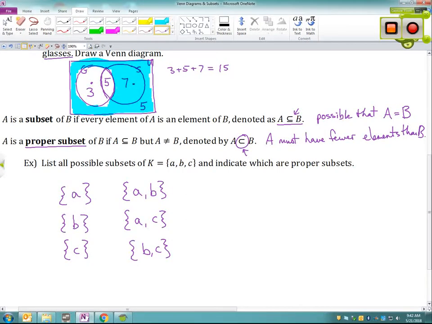So all of these right now are proper subsets. And then I have one more subset, and that's the set of A, B, C, which is exactly equal to K, and therefore it is not a proper subset. So this one is not proper, but the other ones are.